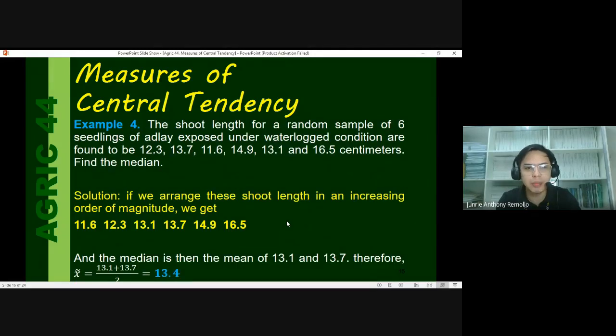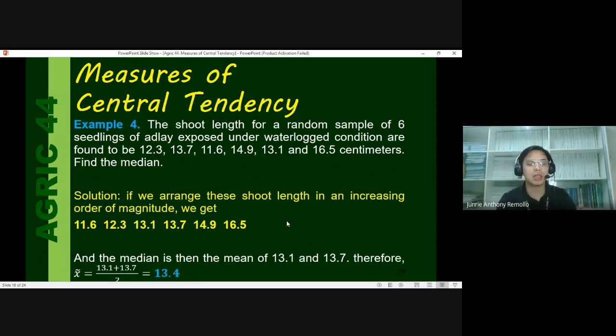Example number 4. This is the case wherein there is an even number of values. The shoot length for a random sample of 6 seedlings of adlai exposed under waterlogged condition are found to be 12.3, 13.7, 11.6, 14.9, 13.1, and 16.5 centimeters.